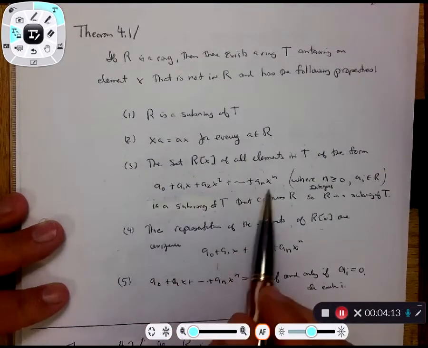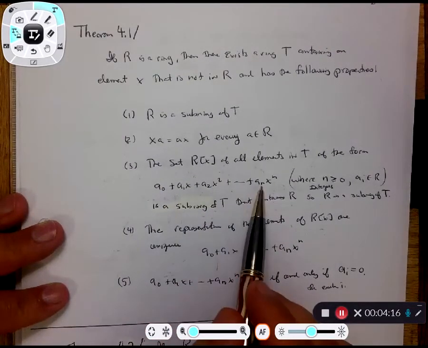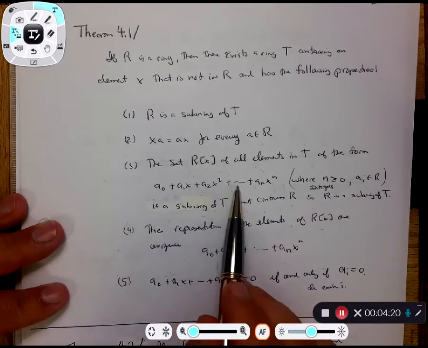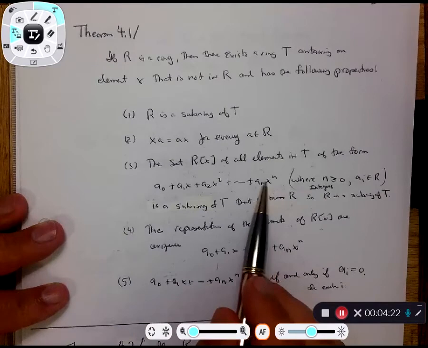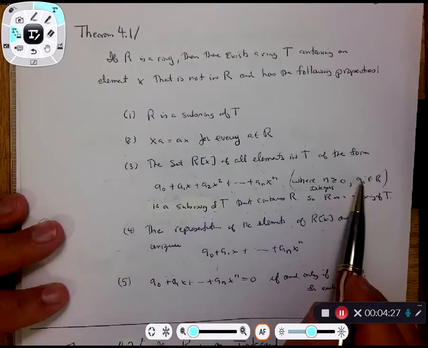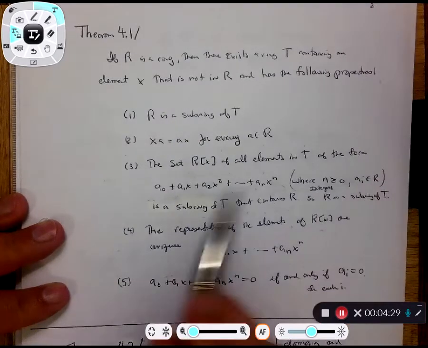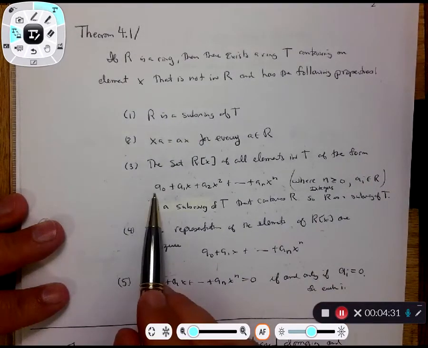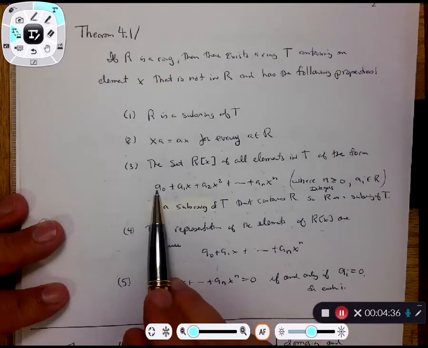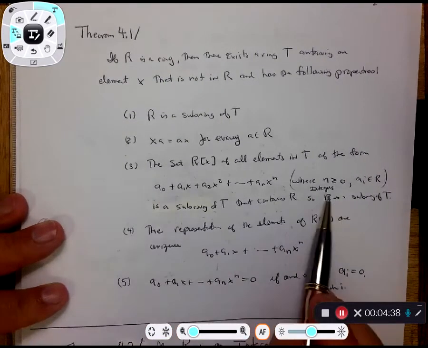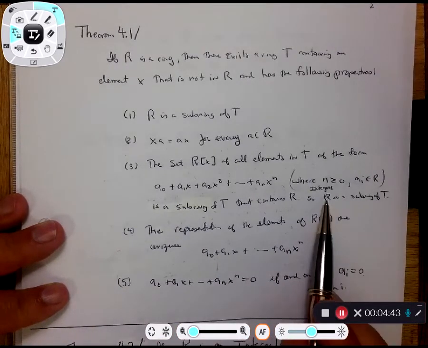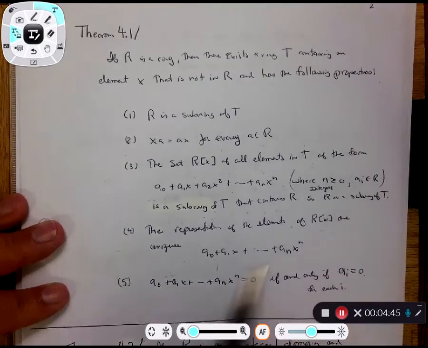The elements of R adjoined x are actually polynomials. But if the coefficients in front of x, x squared, x cubed, all the way up to x^n are all 0, that leaves you with a constant term. And the constant term can come from R. So the constant term is going to be contained inside of T, but the constants come from R. That means that R, the ring that the coefficients come from, will be contained inside of R adjoined x, and R will be a subring of T.